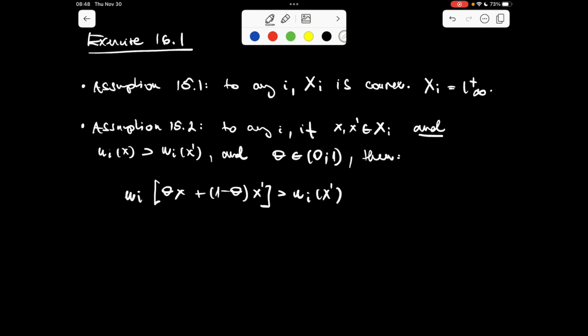Here we need to demonstrate that the utility function is concave, and this is a problem which we can solve on the basis of the concavity of the one period utility function.